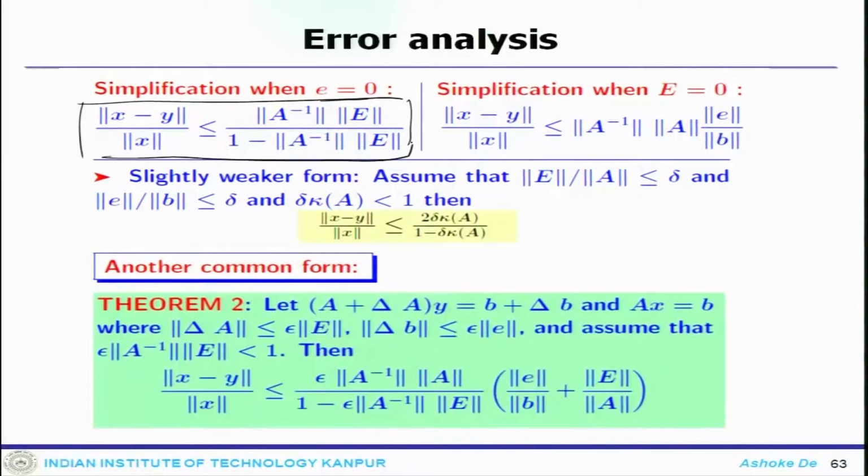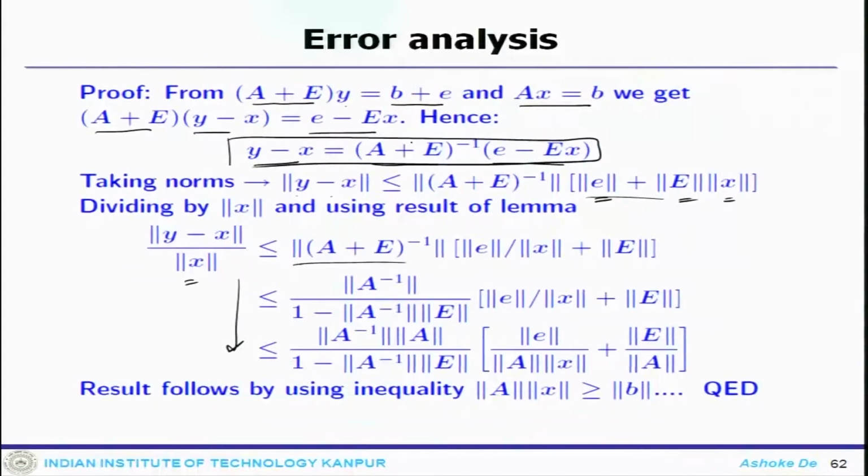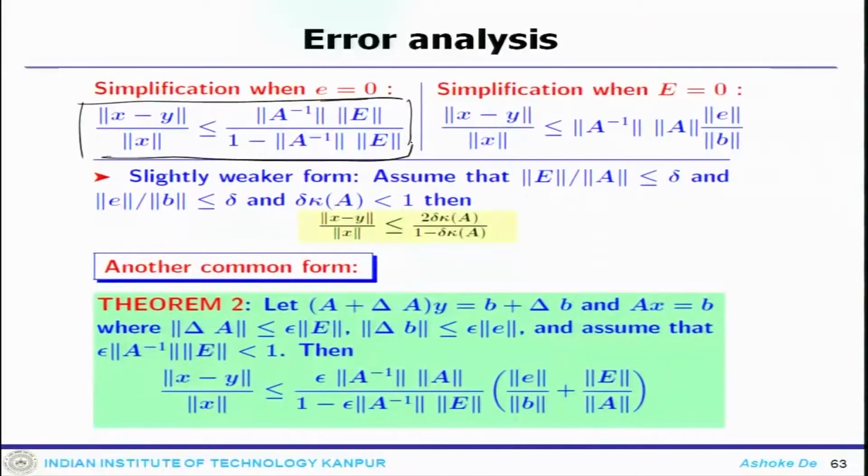So, from the generic case you can always simplify for special cases, and when capital E is 0, it is the norm of x minus y by the norm of x less than the norm of A inverse times the norm of A times epsilon by B. So, that is another simplification which you can do.